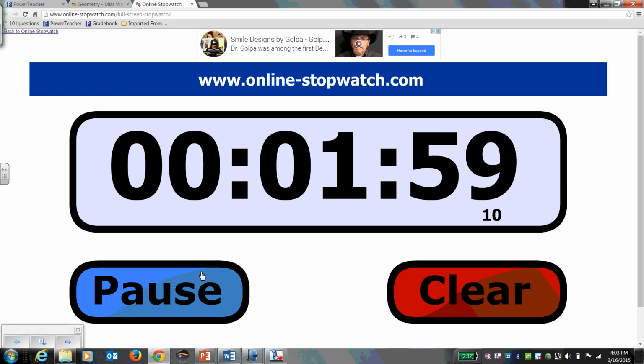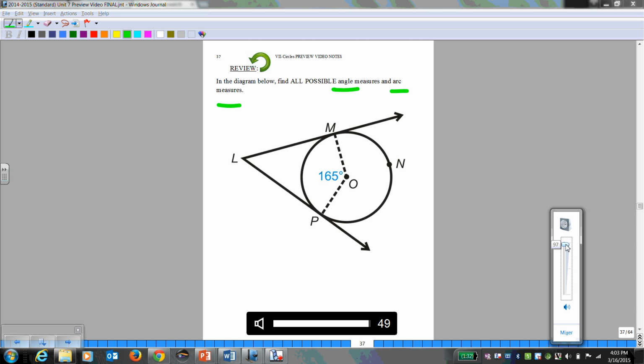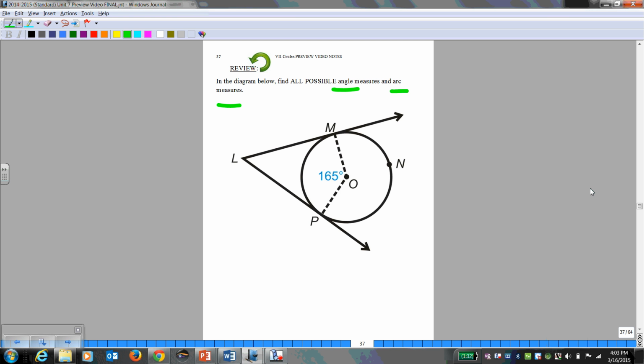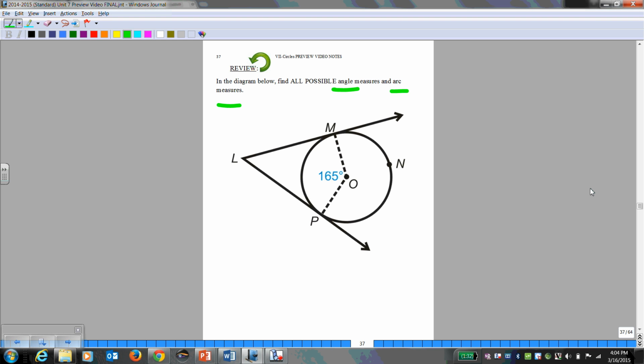Go. Your goal is to find all the angle and arc measures there.